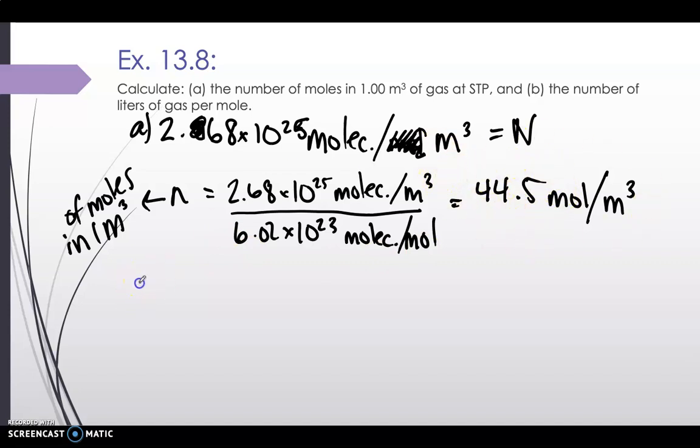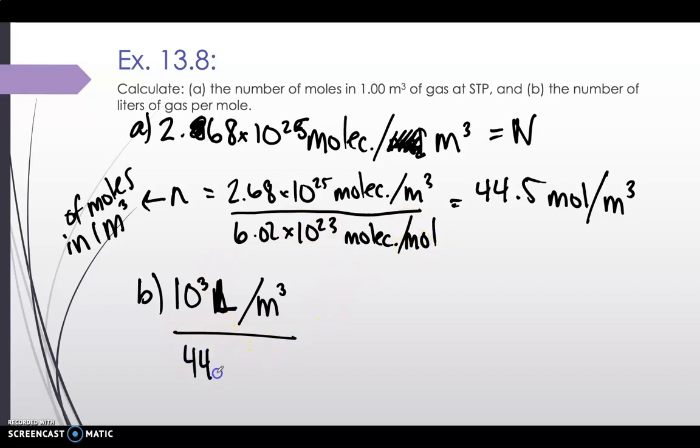Then we can convert this to the number of liters of gas per mole. So there are 10 to the third liters of gas per meter cubed, and we take that and divide it by our N, or 44.5 moles per meter cubed.